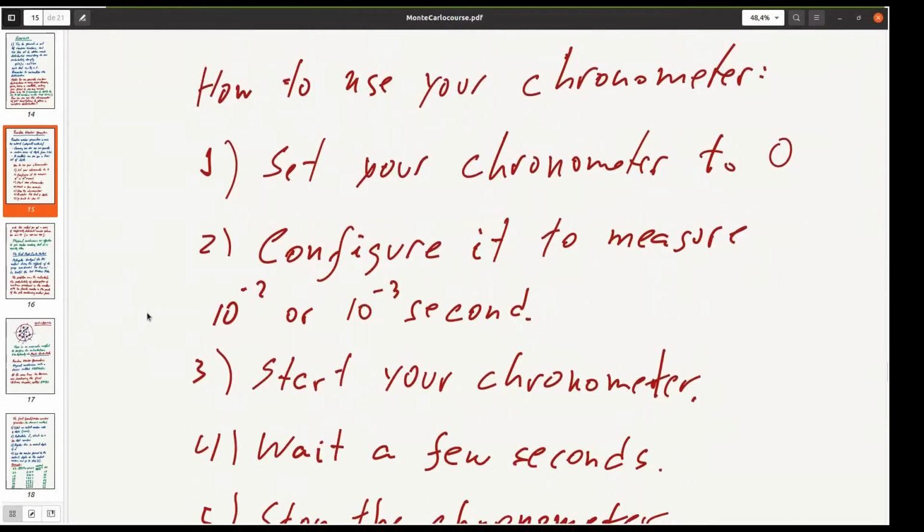And one way that we can generate random numbers is by using the chronometer. This was one problem left as an exercise for you in the last class. So let's see here how you can use it. Here I will show you how to use the chronometer in the smartphone to get random number series. I will start my chronometer here.